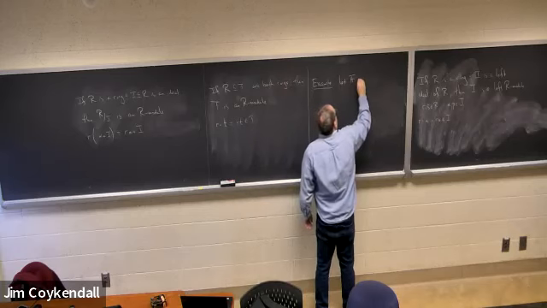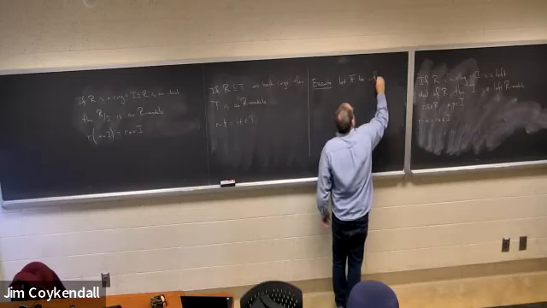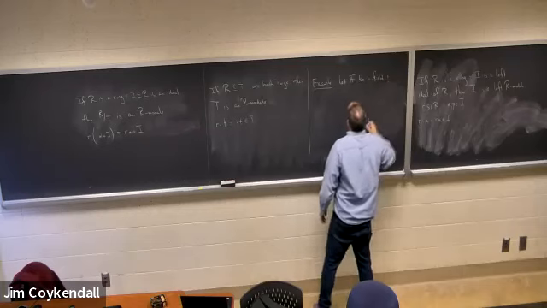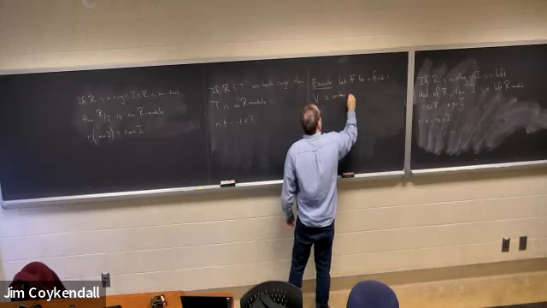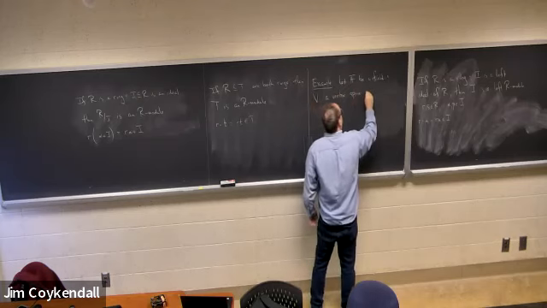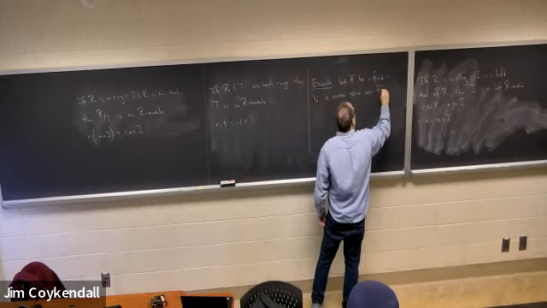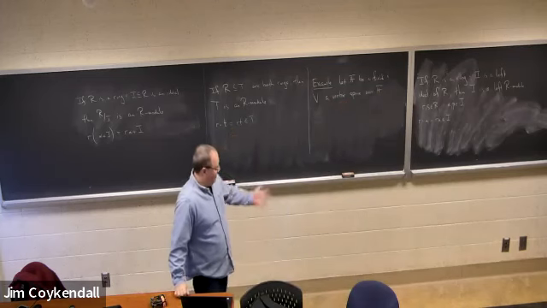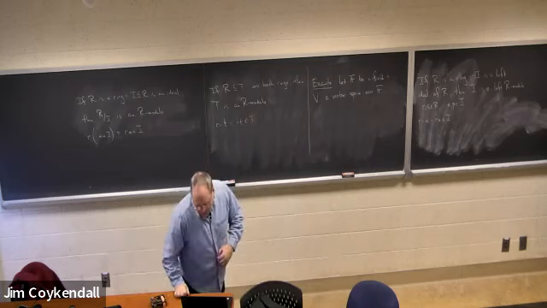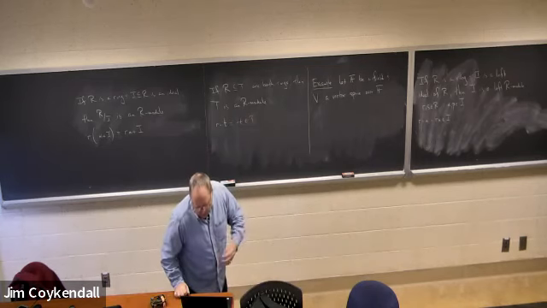Let F be a field and V a vector space. So I'm writing this a little bit generally, but you might picture F to be the reals, say, and V to be just R2 or something like that.